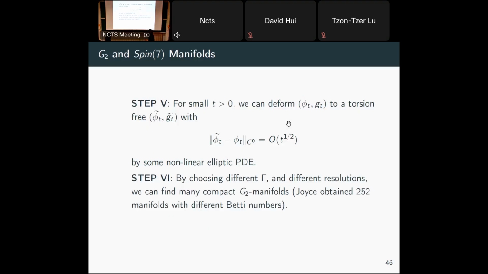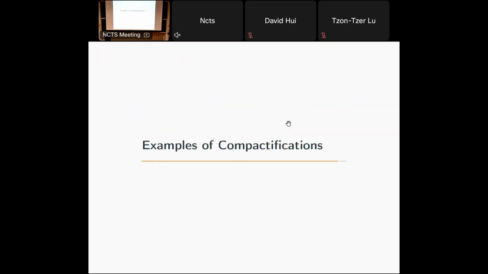Now you very carefully start considering different gamma, and you get a lot of examples of different G2 manifolds, where different means they all have different Betti numbers. Now do the same for Spin(7) manifolds. Instead of starting with the 7-torus T7, you start with the 8-torus T8. Do the same thing, and you will get compact examples of Spin(7) manifolds.